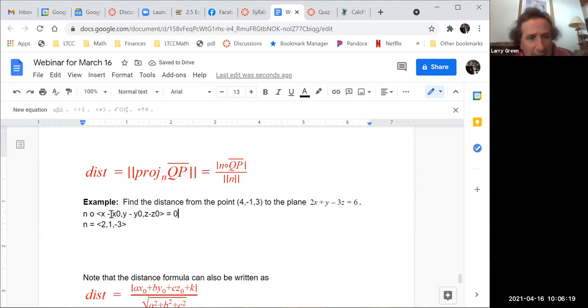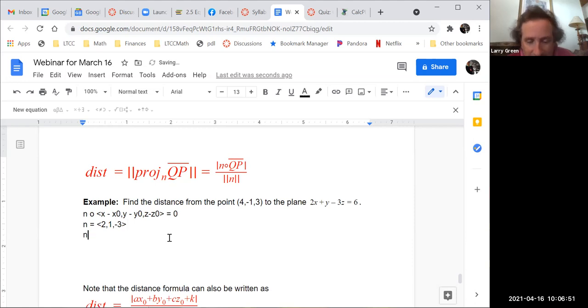When you dot these, n is going to be the 3 numbers, and when you multiply those into each of these, you'll notice the first number from n will be the coefficient of x, the second number of n will be the coefficient of y, and the third number for n will be the coefficient of z. So once you're given an equation of a plane like this, the normal vector is just the coefficients of x, y, and z. It's really easy. Easy is good, isn't it? So we know that's n.